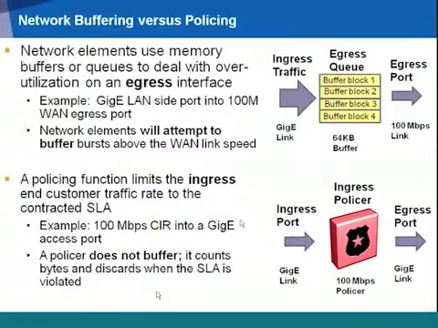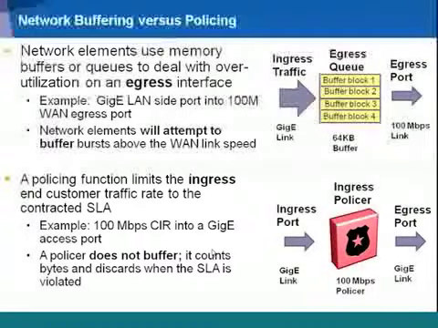So in the policing example, the access and WAN links are both at a gig, but the policer is set to 100 megabits per second. So we're actually going to demonstrate this very situation a little later in the webinar, but the key takeaway point is that buffering occurs at the egress side of the network device, as a general rule, while policing is an ingress function. So next slide, let's go ahead and dive in a little bit more into policing.